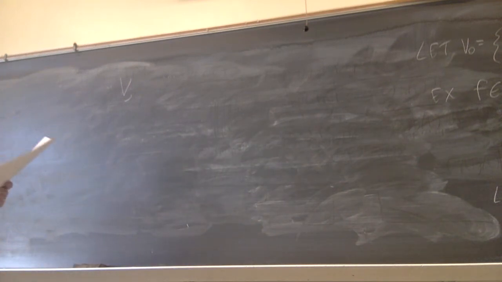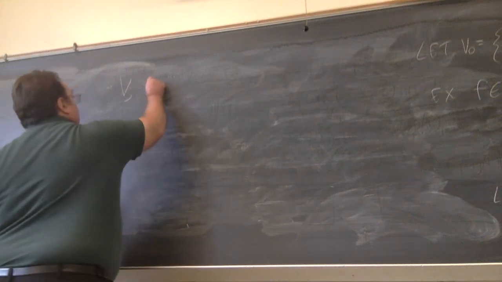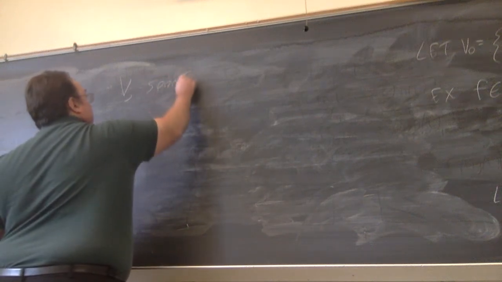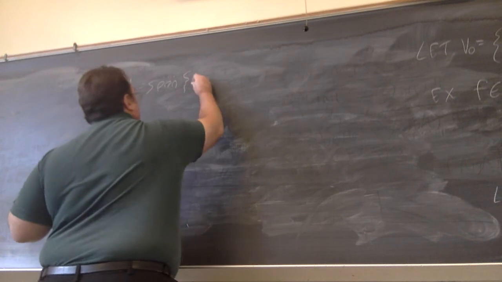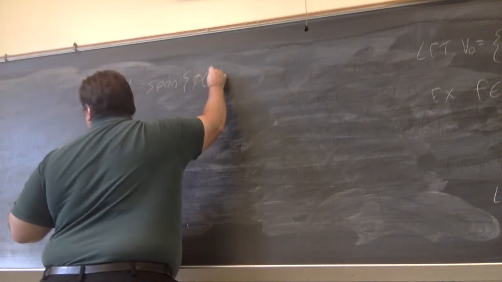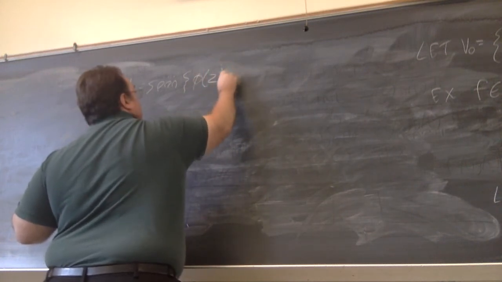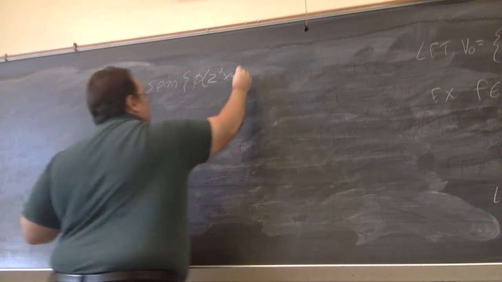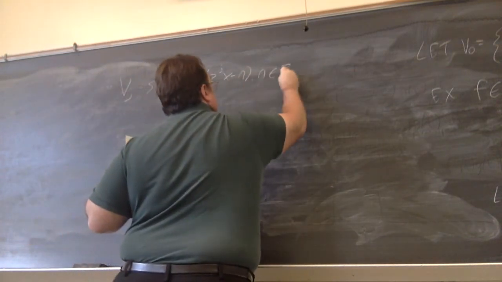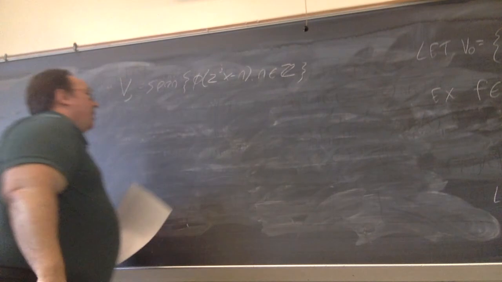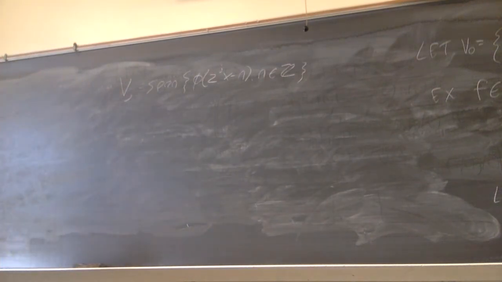Okay, so Vj would be the span of functions of this form: the Haar scaling function of 2 to the j x minus n, where n is an integer, with the limitation that, again, finite support is expected. So any sum of coefficients times these functions.